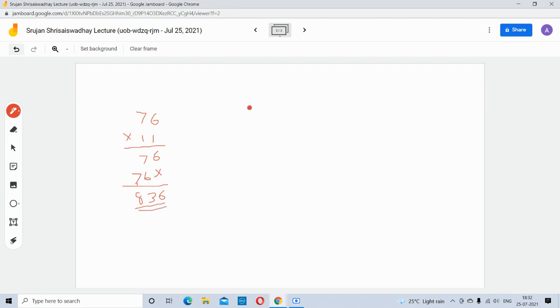Now, how to do it very fast: write the unit place as it is, write the 7 as it is over here, and add these two digits, because you are multiplying by two digits. 13 is there, so you take a carry. Your answer comes out to be 836.